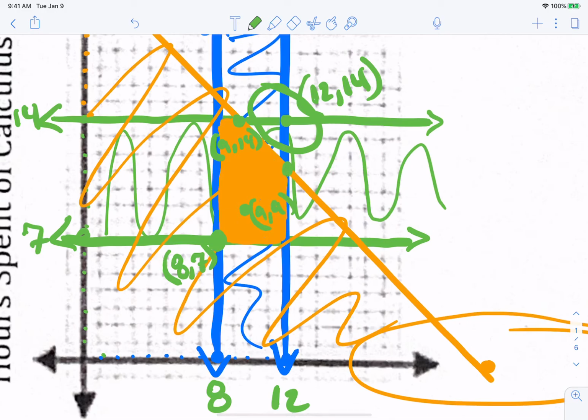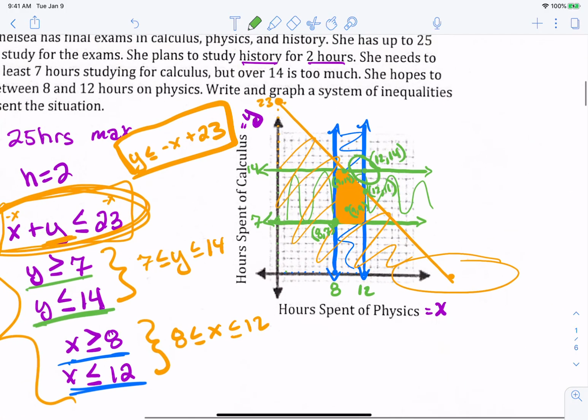Or they're gonna do like 12, comma 11. Anything on that line is going to be the overachievers because they're going to use all of their resources to the max, all 23 hours, right? Okay?